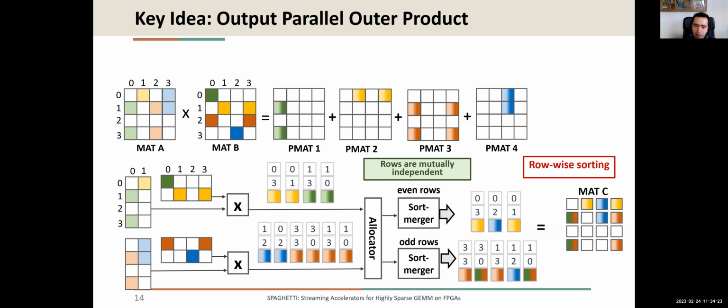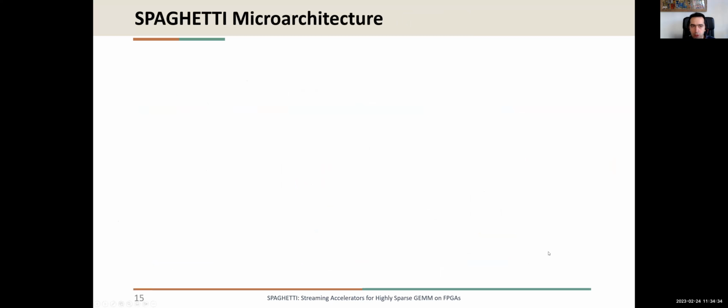So the key idea is this row-wise splitting, and it helps to improve the performance. So based on this idea, now we can propose the microarchitecture of our accelerators. Let's say we have a bunch of multipliers, depending on the area or power budget in our chip, either an ASIC or FPGA.